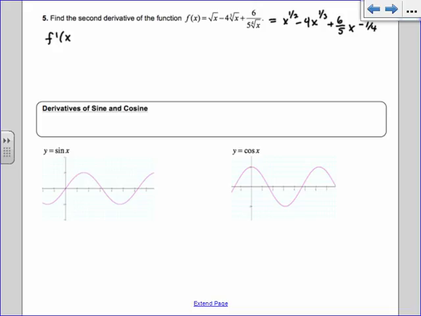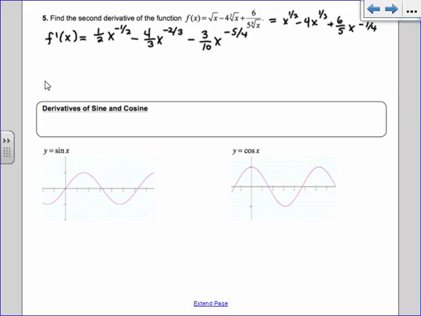Now when I find f prime of x, I do 1/2 x to the negative 1/2. Then I have negative 4 times 1/3, so minus 4 over 3 x to the negative 2/3. And then 6/5 times negative 1/4, so I get negative 3 over 10 x to the negative 5/4. That is the first derivative. The first derivative would tell us information about the slope.